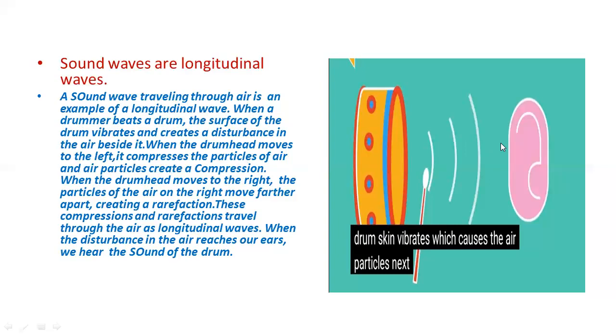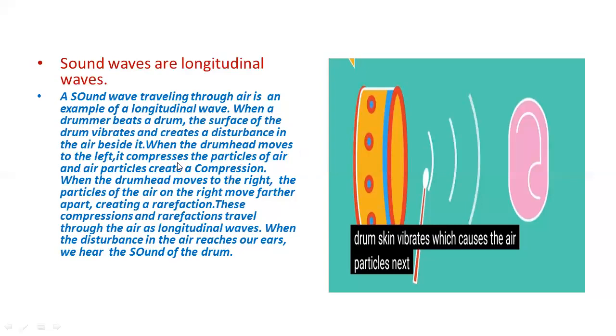In the diagram, you have to consider it like this. When they say the drum head moves to the left, they are talking about this right side. And when they say the particles move to the right, this is actually your left side. So don't get confused in this. This is the left side in the diagram, and this is the right side of the diagram.